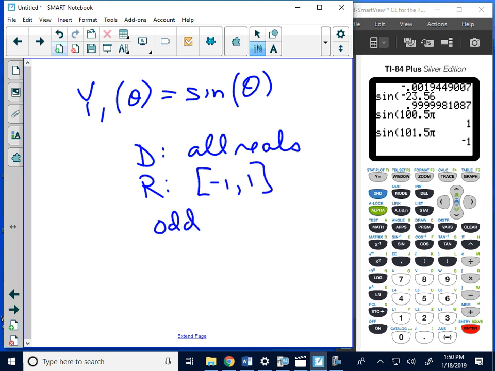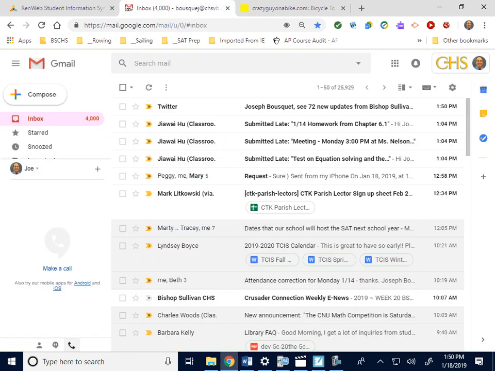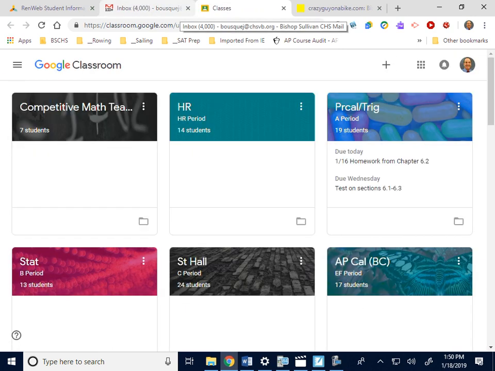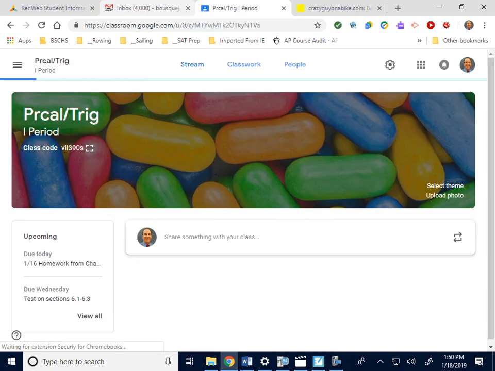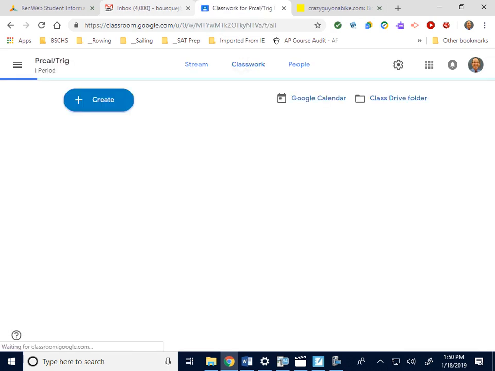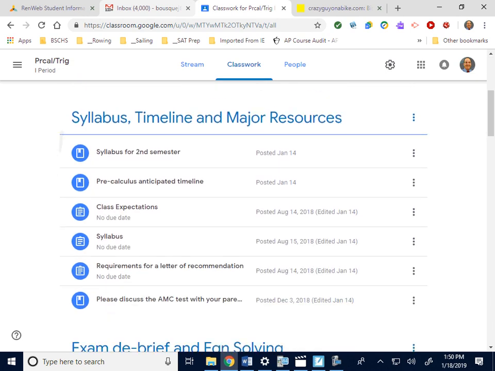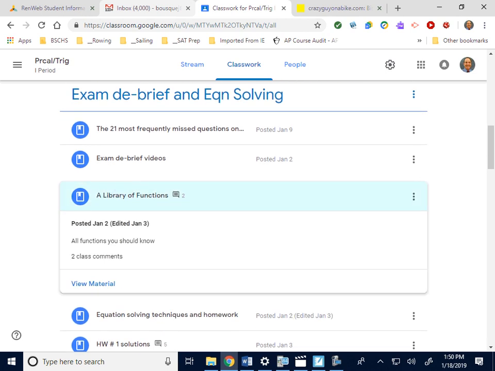And by the by, remember, let me pull up your class page for a minute. This is I period, yes? Back when we were doing this before the exam, you had this library of functions.